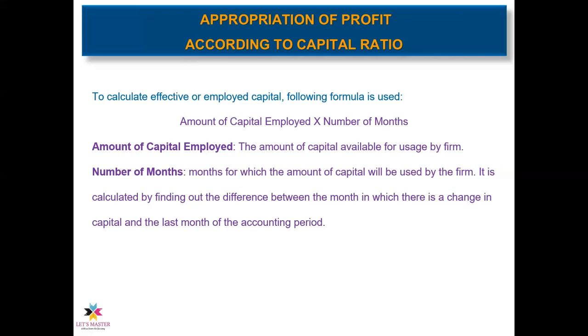So for the first 5 months, the effective capital was 70,000. And for the second half of the year, or for the last 7 months of the year, the effective capital employed in the firm was rupees 50,000. If there is no change in capital contributed, then the opening balance of the capital account will be multiplied by 12.